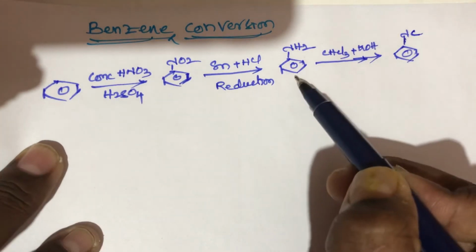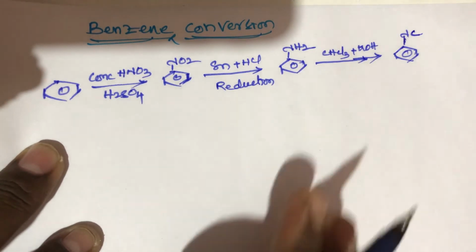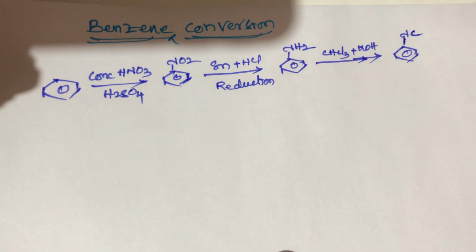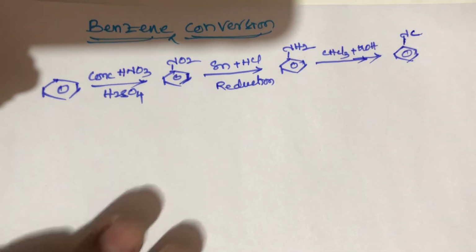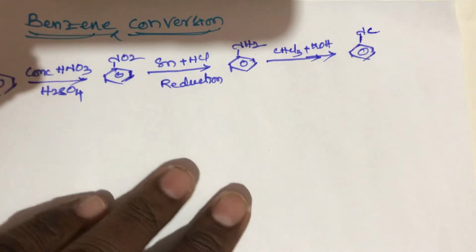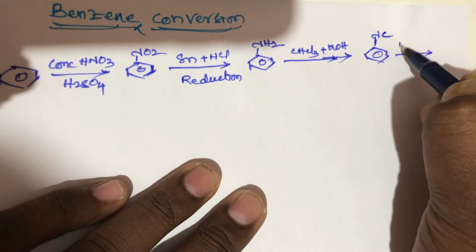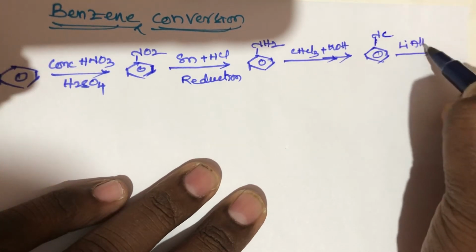In this step, aniline is converted to phenyl isocyanide. This reaction belongs to the carbylamine test. This phenyl isocyanide again reacts with lithium aluminum hydride, LiAlH4.